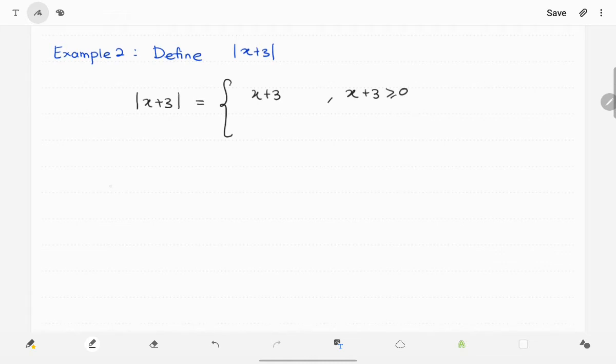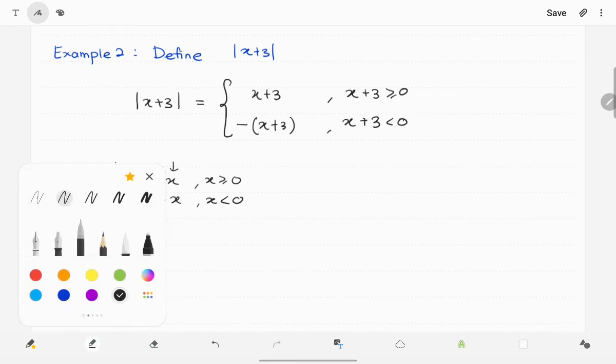How do I get this? Remember, our formal definition is modulus x, x greater than or equal to 0, negative x, x less than 0. So we just copy back what is inside the modulus to the first row, x plus 3. The second row, negative of x plus 3, for x plus 3 less than 0.